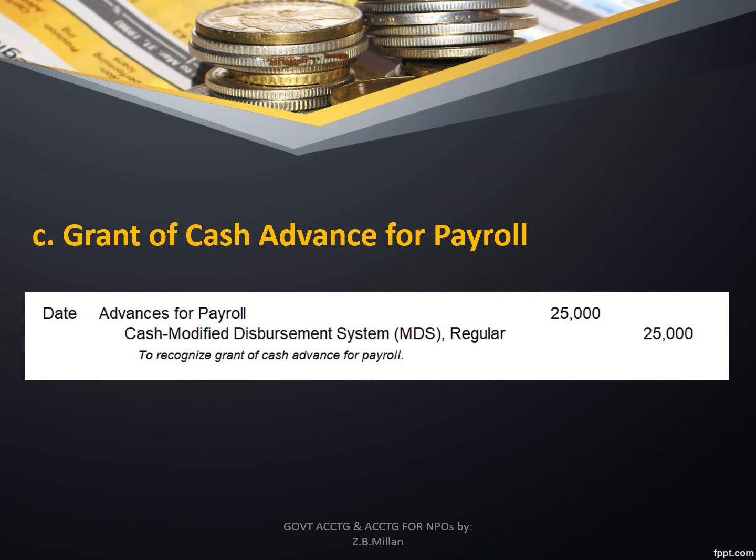Next is yung ating pag-grant ng cash advance for payroll. Again, pinadaan yung ating payroll or yung pagbayad ng ating employee service sa ating disbursing officer. So, for the grant of cash advance for payroll, advances for payroll, which is advances doon sa disbursing officer with corresponding credit sa cash.